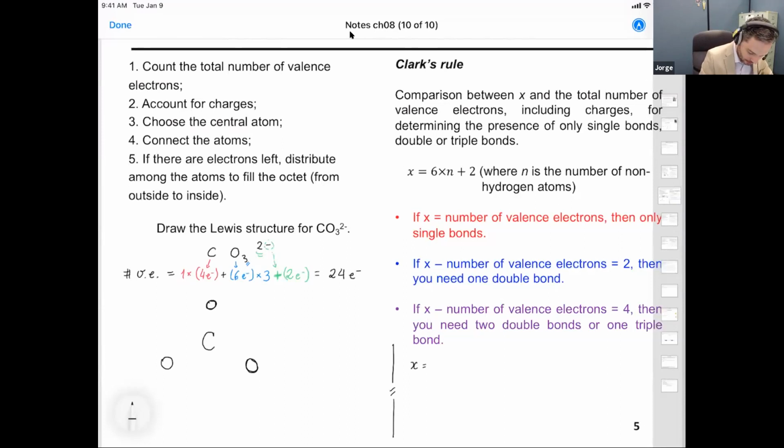X is equal to 6 times the number of non-hydrogen atoms. In this case, we have 1 carbon and 3 oxygens, therefore 4, plus 2. 6 times 4, that's 24, plus 2, that is 26.